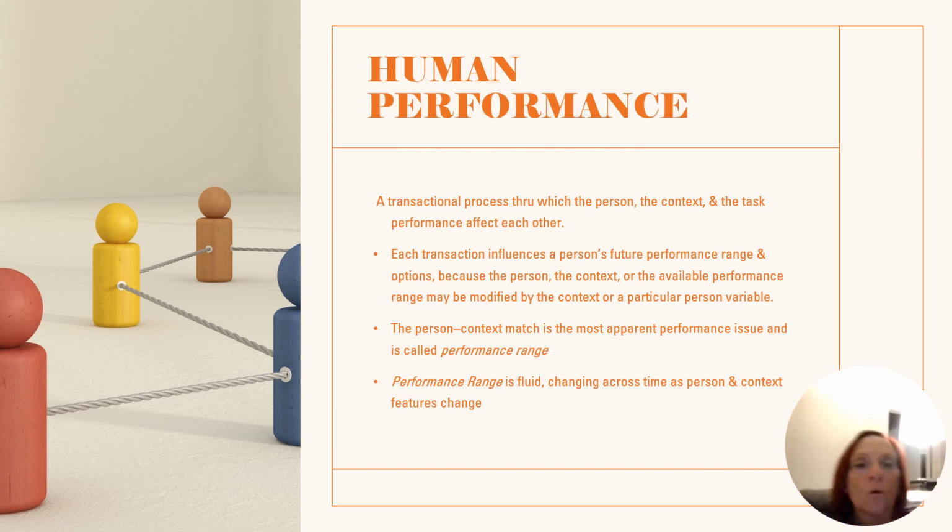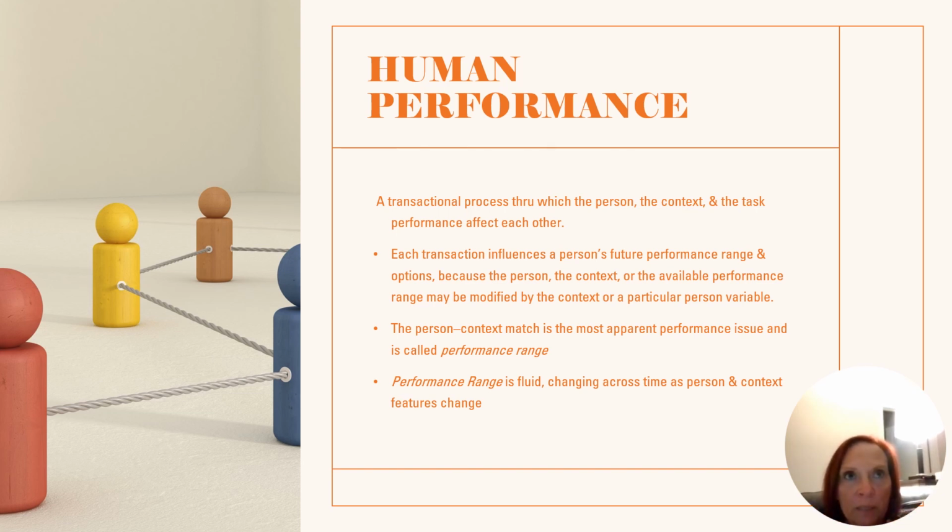Okay, so what this is saying is that the performance range that you see in this model, it's kind of like a light beam. It can get really big or it can be really small according to what the person is able to do.